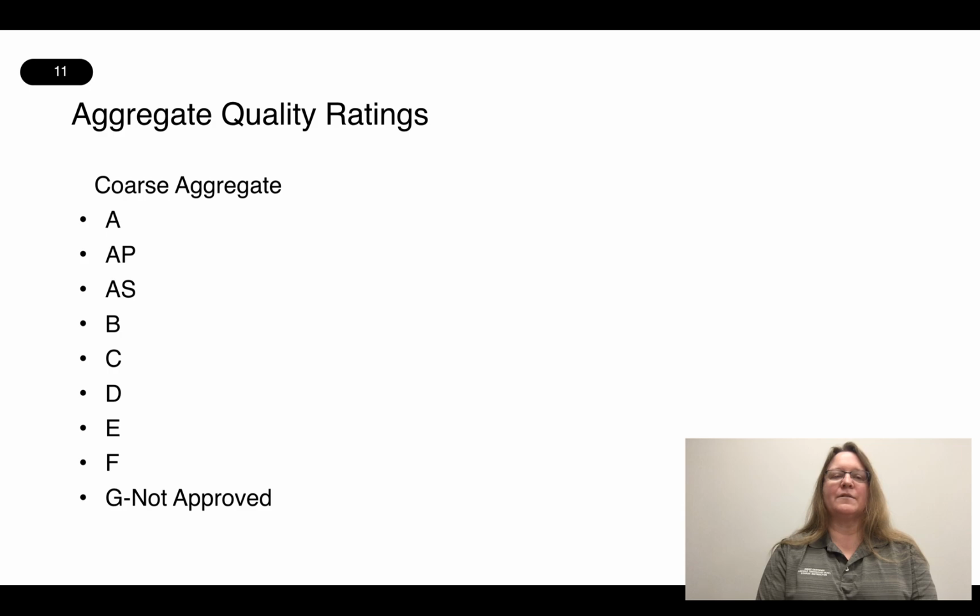We run class AP aggregate through rigorous freeze-thaw testing, 350 cycles of freeze and thaw. And that's how it gets that AP rating for concrete. And then the rest of the classifications are basically just based on physical qualities, and you can find those again in 90403. And then class G is material that's so bad that it's not even really for INDOT use.